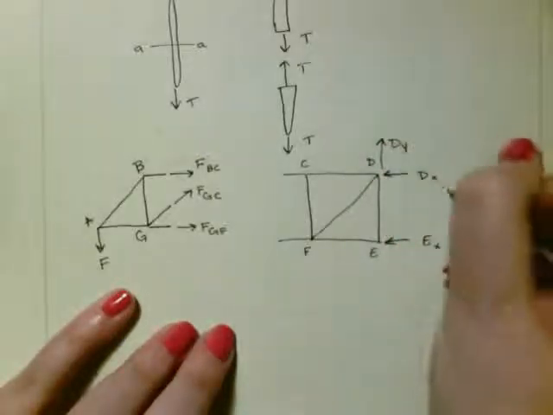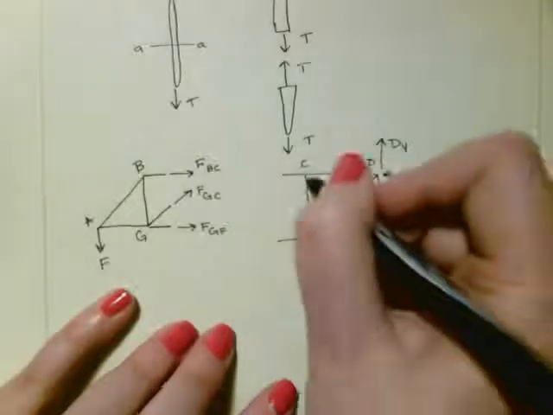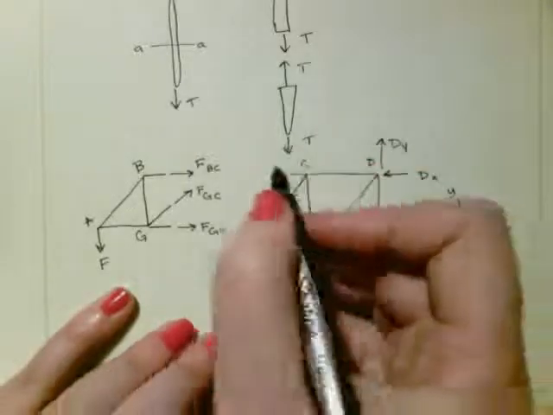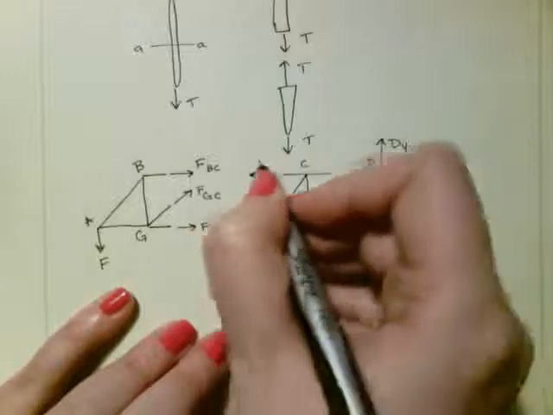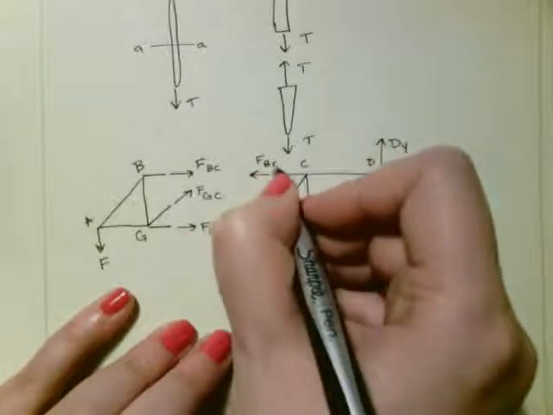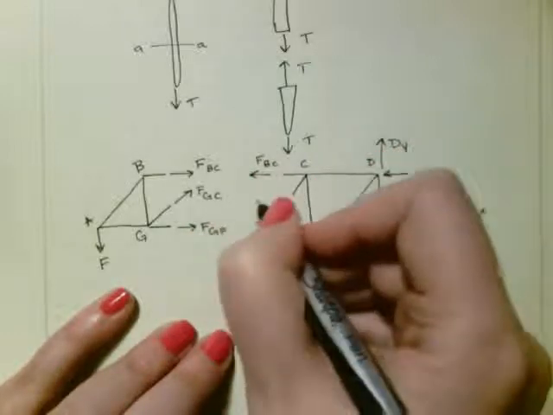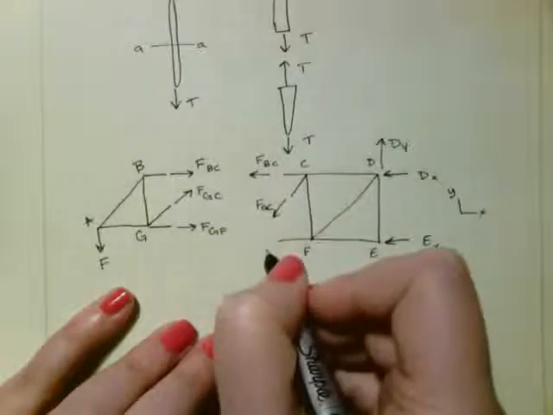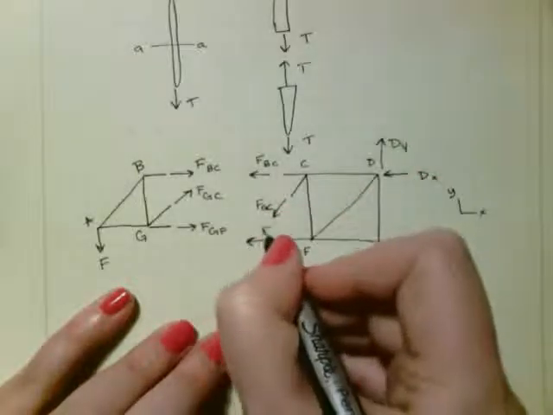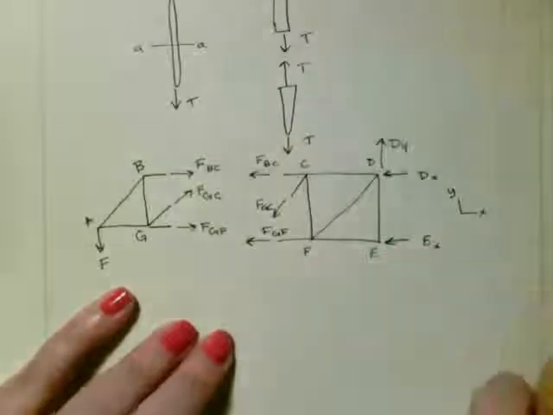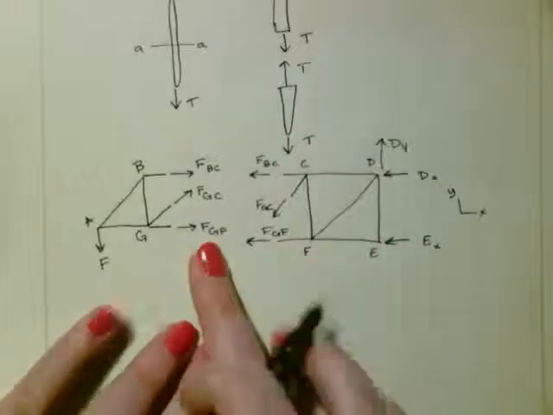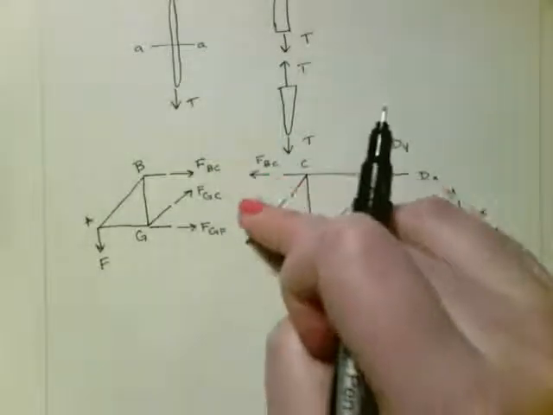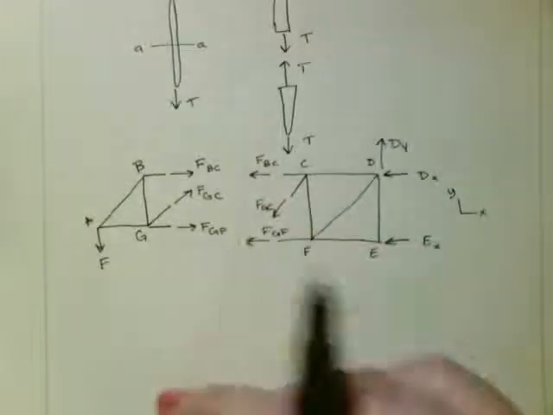Let's draw our X and Y axes. Then over here, we would have the equal and opposite forces, FBC, FGC, and FGF. So if you're looking at this free body diagram, we want to find FBC, FGC, and FGF.